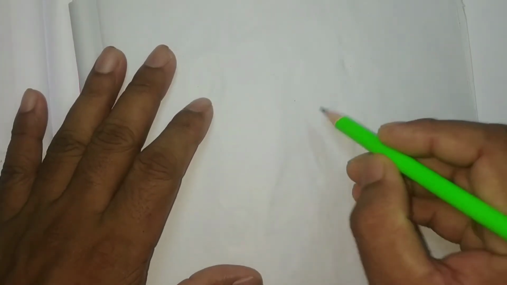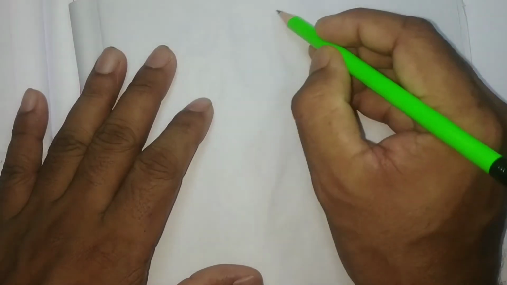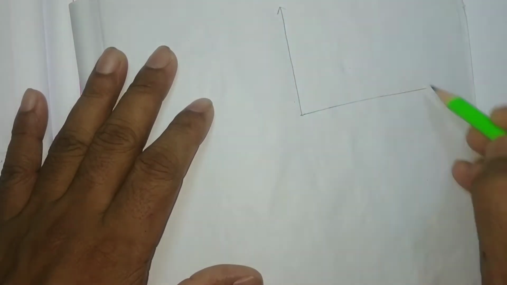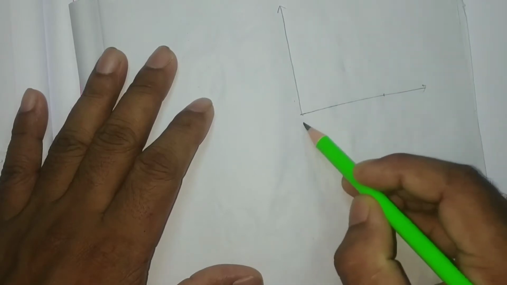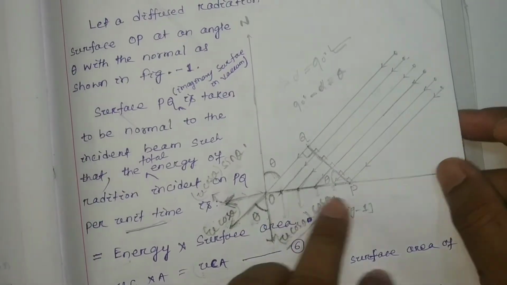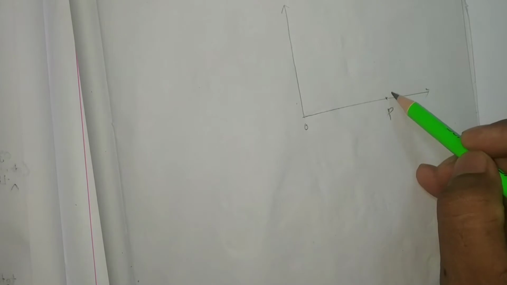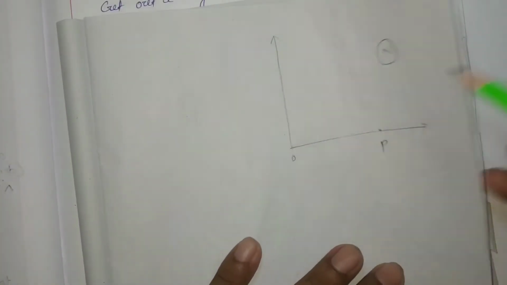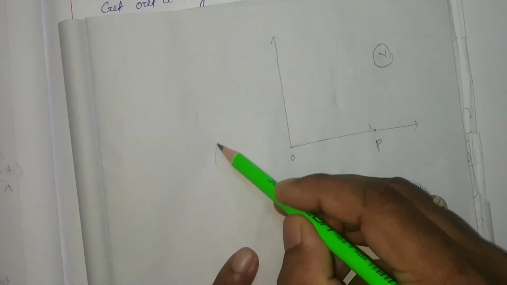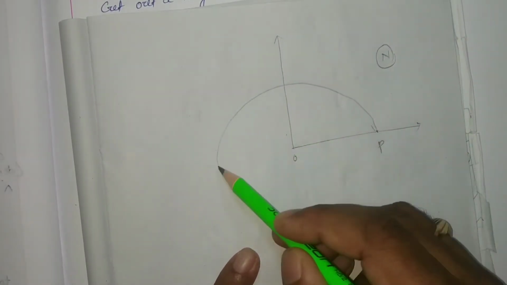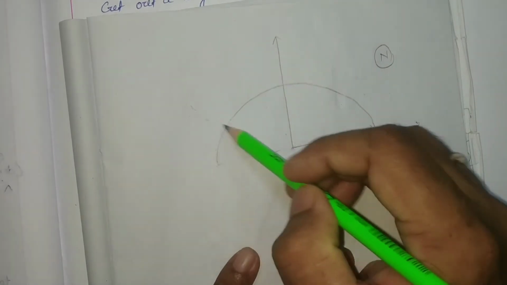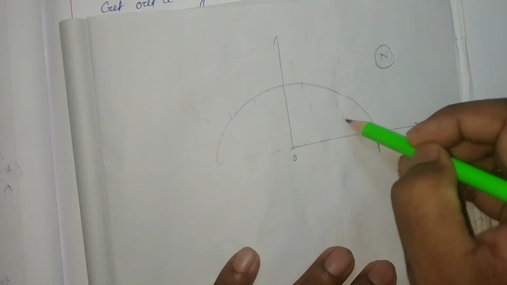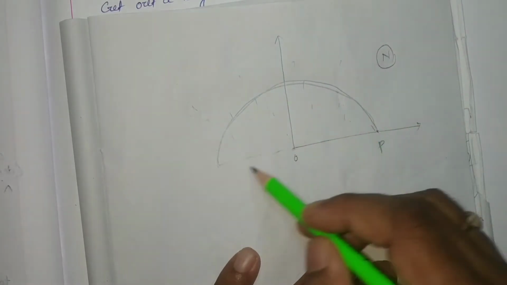Whenever we consider diffused radiation coming towards the surface, here we consider that N number of beams or photons are uniformly distributed over this hemisphere.